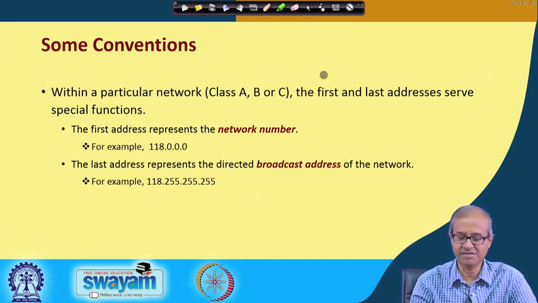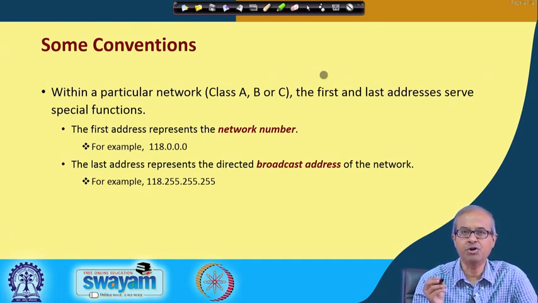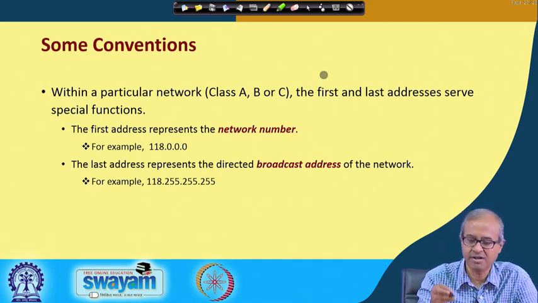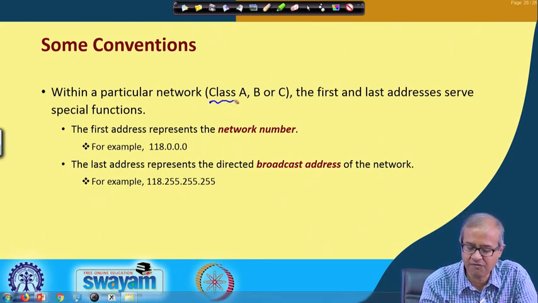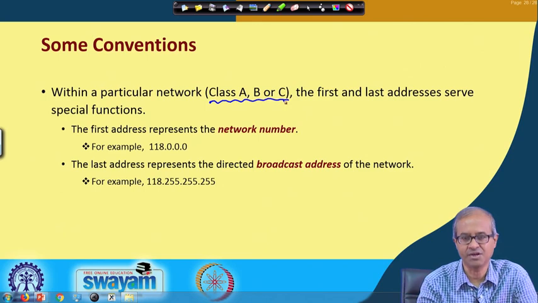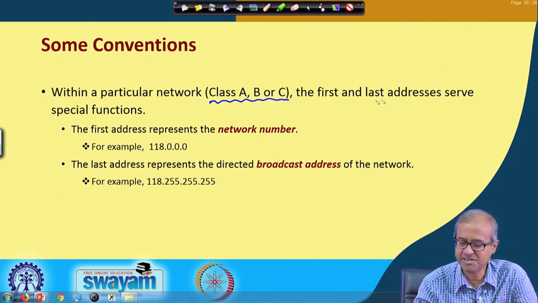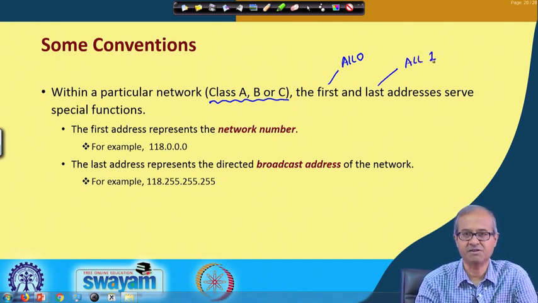Now, some convention. I told you that for the host part, there are two addresses which are special purpose, the all 0 and all 1. The convention that is followed is as follows: for all of class A, B or C networks, the first and last addresses, first meaning the all 0 address and the last address meaning all 1, serve special purpose.